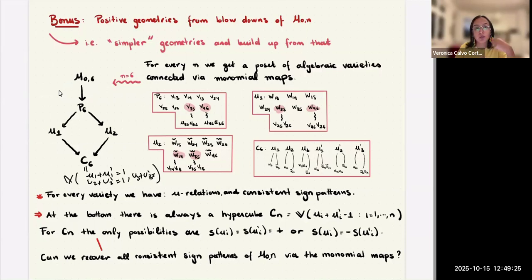And then you do the same to go from the polytope to the next one. In this case, U1 and U2 are isomorphic, they're exactly the same. And then you collapse another one of the square facets. And then when you collapse the third one, you get the hypercube. Yes, and so you're always doing this.